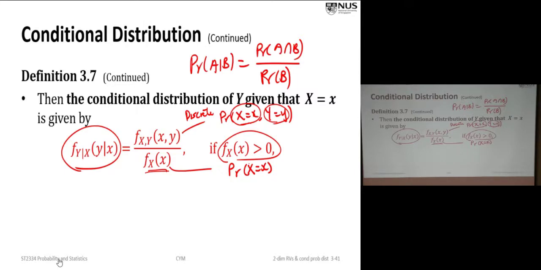All right. So what does it mean? Intuitively, if this equals 0, that means the random variable does not equal this little x. Then how can you condition on something that never occurred? So it does not make sense.